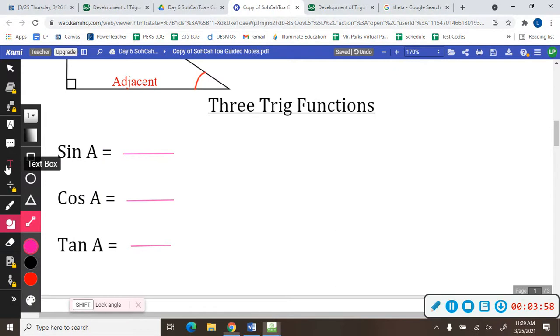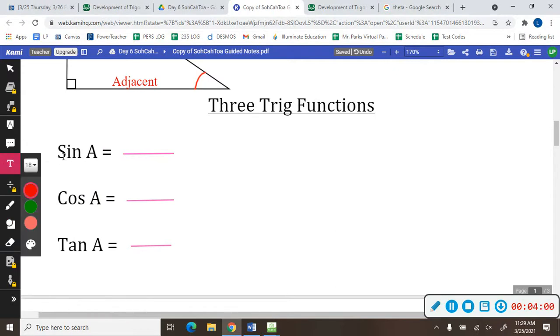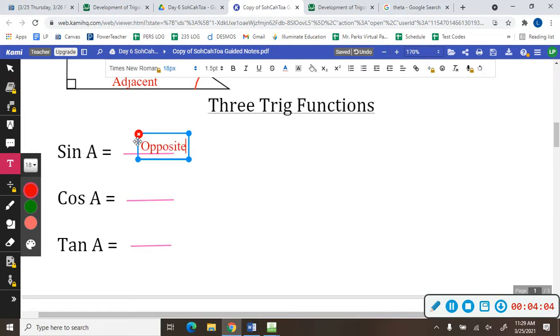The sine function, to find the sine of an angle, that is opposite divided by hypotenuse. You can find the sine of any angle by taking opposite divided by hypotenuse.